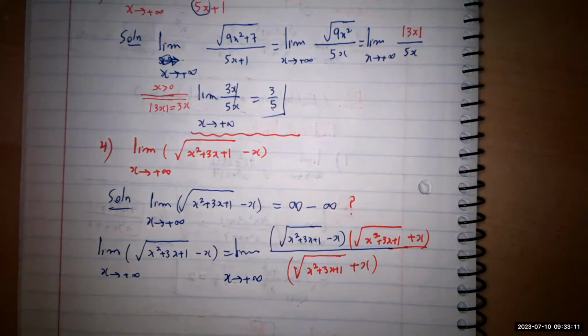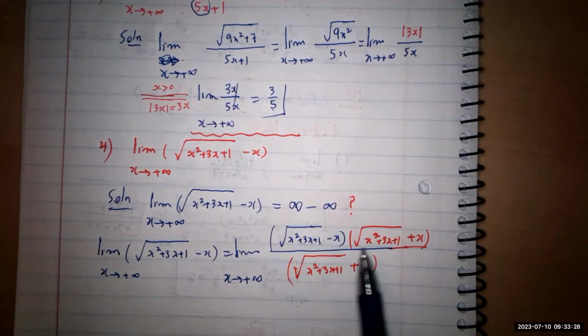Okay, so we want to change it to a kind of rational function to be able to take care of it. We stay on the top to simplify it. You know, there's a special FOIL. It's like a minus b times a plus b, as you did before. It's going to be the square of the first one minus the square of the second one.